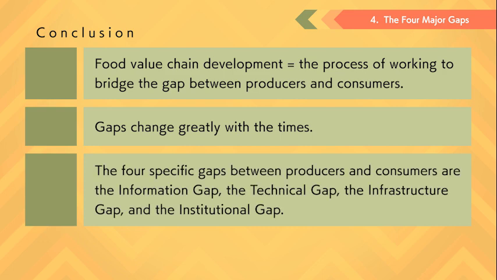We have seen that food value chain development involves 4 specific gaps between producers and consumers that need to be bridged: the information gap, the technical gap, the infrastructure gap, and the institutional gap. In the next section, we will look at the status of and responses to these 4 gaps while referencing JICA case studies.